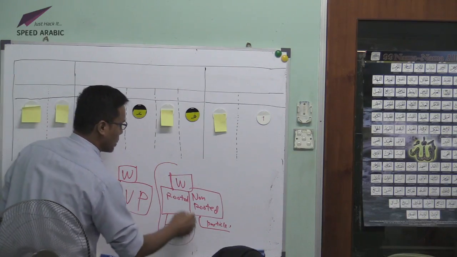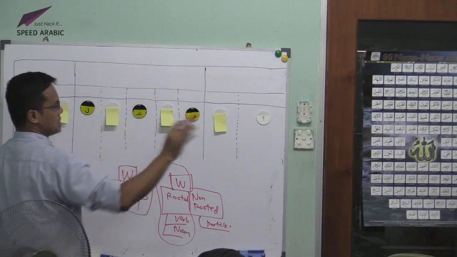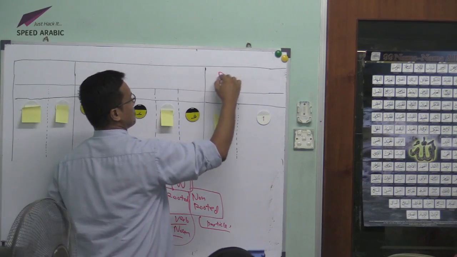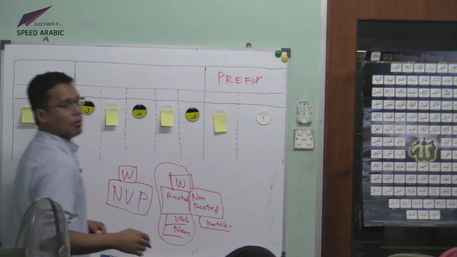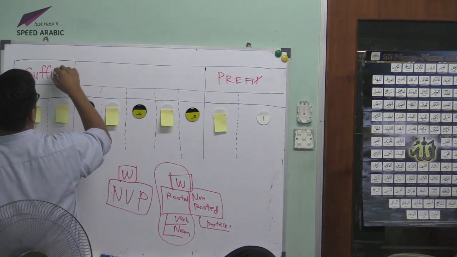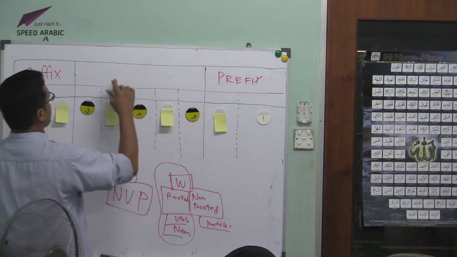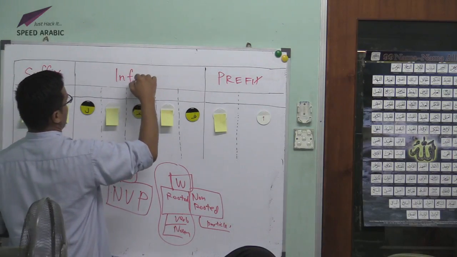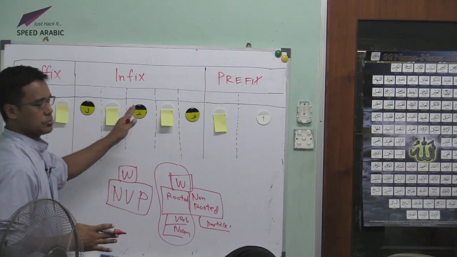When you see a rooted word, there is either a prefix before it or a suffix after it, and there are infixes within the root.